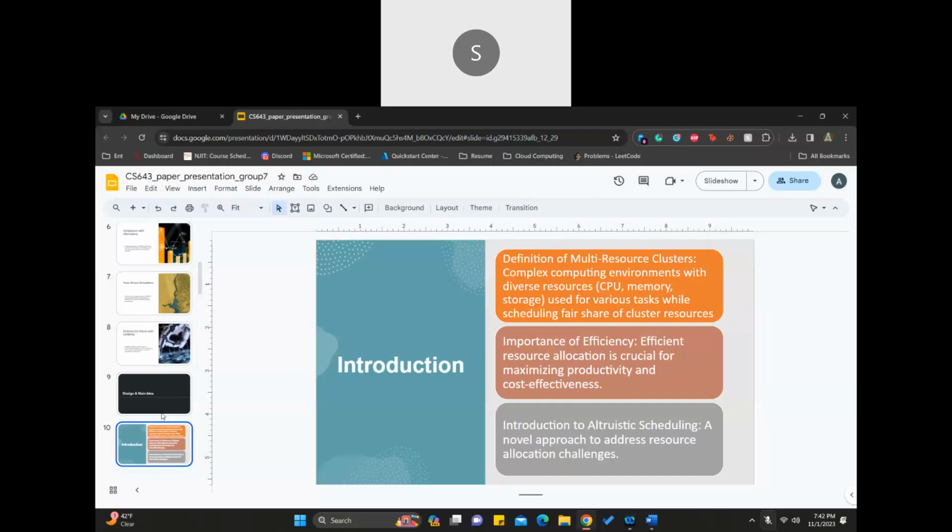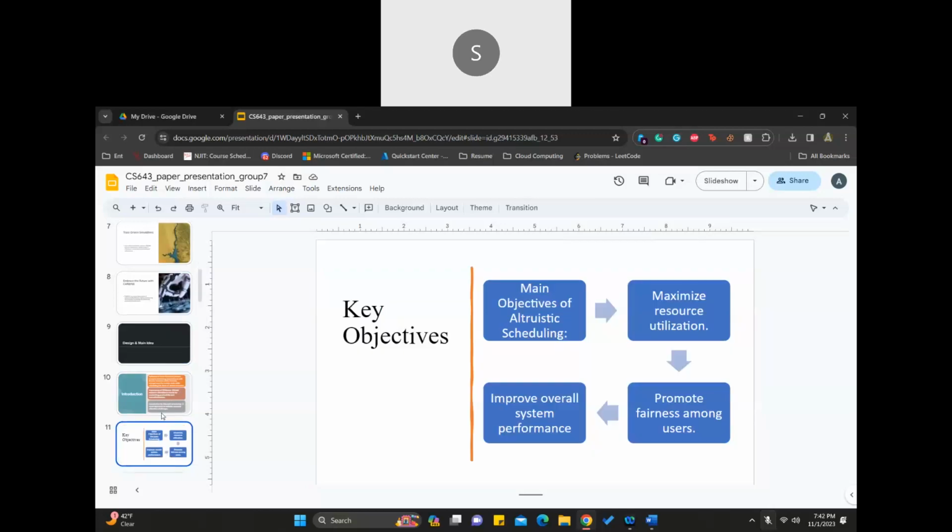The importance of efficiency: efficient resource allocation is crucial for maximizing productivity and cost effectiveness. And on the next slide, we're going to the key objective.